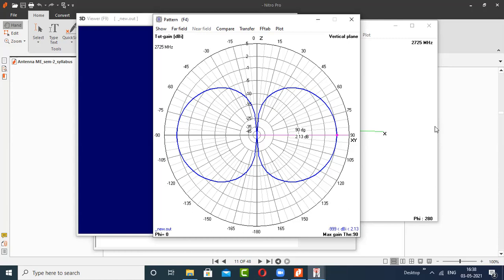So the gain of the antenna is fixed. Once it is a dipole antenna, gain has to be almost 2 dB. Practically, that may vary, but this is what you can say ideal condition. So 2.13. Okay. The pattern is not going to change.